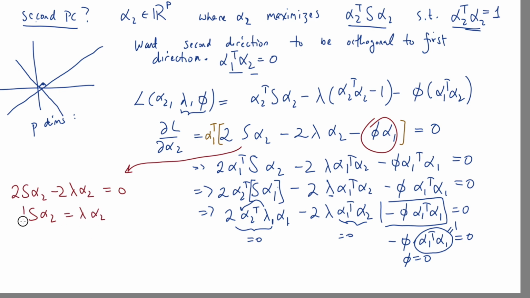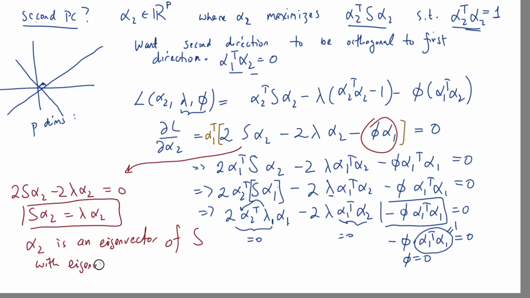And so again, you should hopefully see that this means that alpha 2 is an eigenvector of S with eigenvalue lambda. Okay, which eigenvalue eigenvector pair is this? Well, hopefully you can see that this has to be the largest one, such that it's still orthogonal to the first one, and so it can't be the first one. So it has to be the second eigenvector pair, because the eigenvalues are ordered in decreasing order.